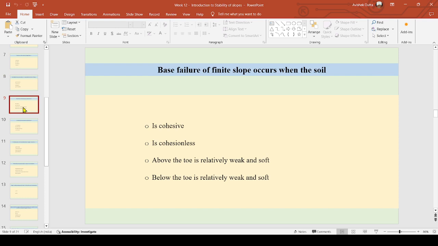Base failure of finite slope occurs when the soil, the options are, is cohesive, is cohesionless, above the toe is relatively weak and soft, or soil below the toe is relatively weak and soft.